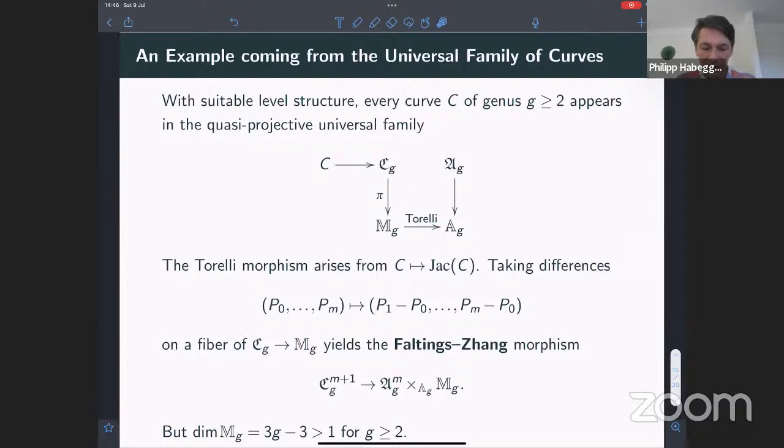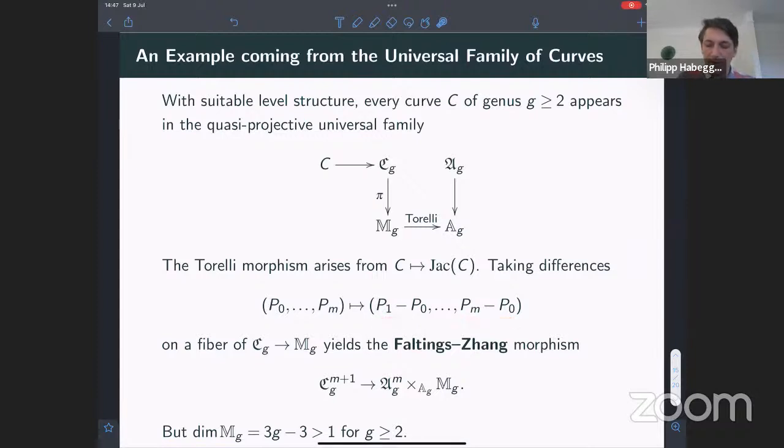This is a morphism. And we would like to have some way to get from left to right here on top. What we do is look at what is sometimes called the Faltings-Zhang map. So we take a tuple of points on a fibered power of this universal family of curves. We have m+1 coordinates here, and each point P_0 to P_m is on the same curve. And we can look at successive differences of these points.